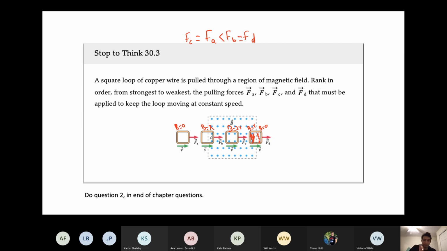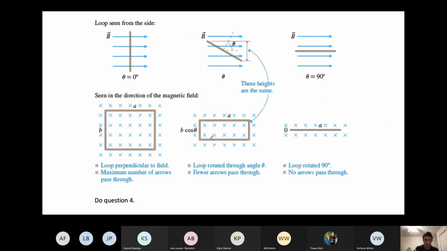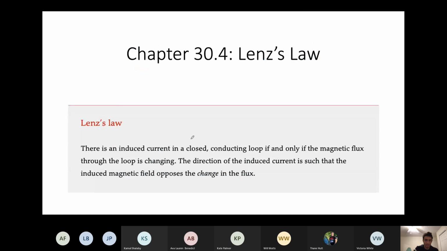So if the magnetic field is pointing out, a current gets induced inside the copper wire to produce a magnetic field pointing in, just to oppose this change of magnetic field. That's basically what Lenz's law says. Again, there is an induced current in a closed conducting loop if and only if the magnetic flux through the loop is changing.